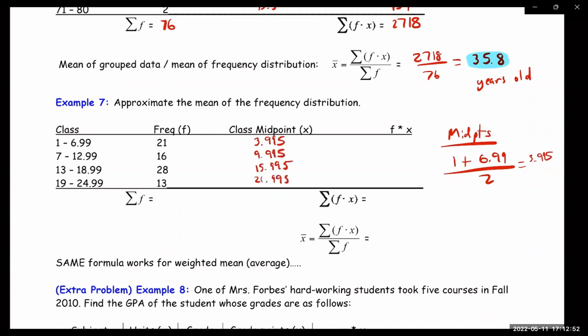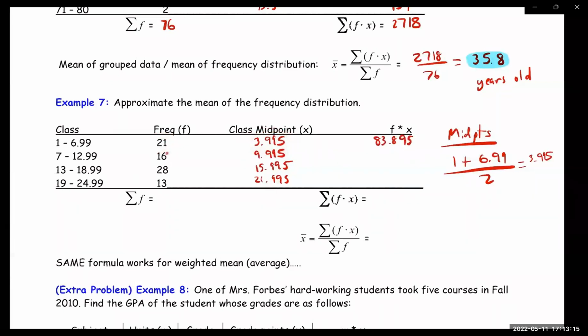21.995. Now we have to find the frequency times the midpoint. So multiply these two together, you should get 21 times 3.995 is 83.895.